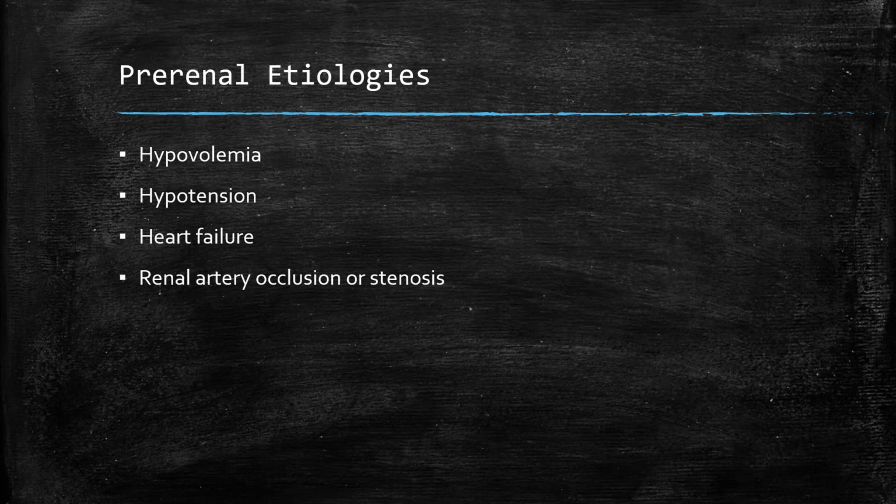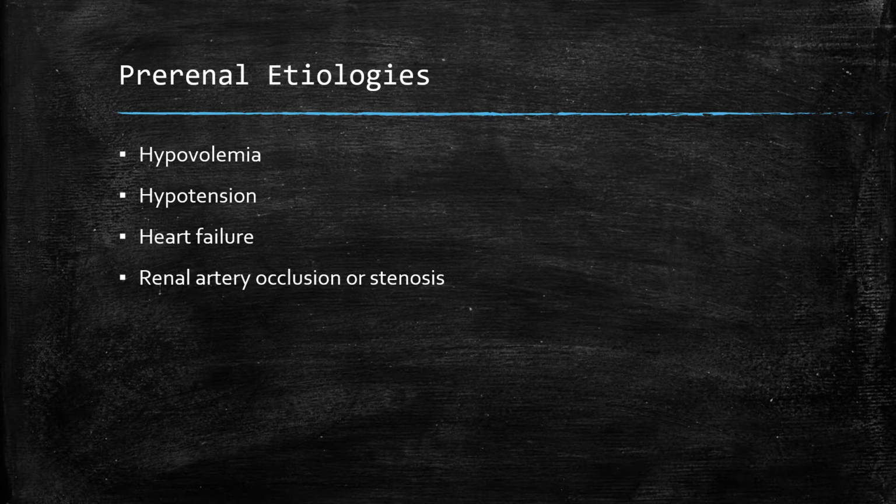The pathophysiology of acute kidney injury is generally divided into 3 separate groups: prerenal, renal, and postrenal. The prerenal etiologies are all related to hypoperfusion.